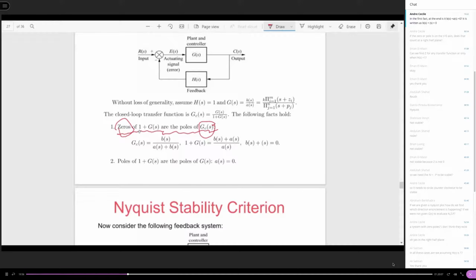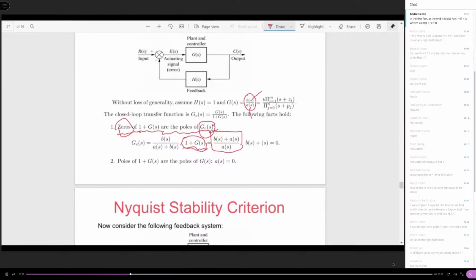So what are the zeros of 1 plus g of s? Let me write down 1 plus g of s down here. I assume that g of s is a ratio of two polynomials: a numerator polynomial b of s and a denominator polynomial a of s. Based on that, I can construct 1 plus g of s.